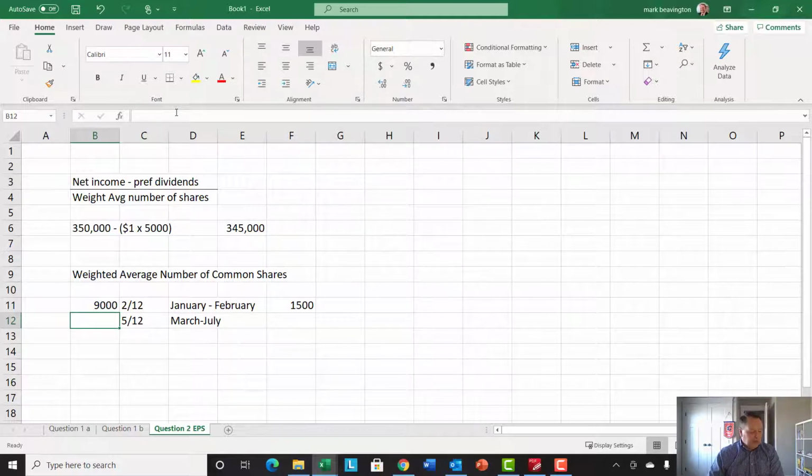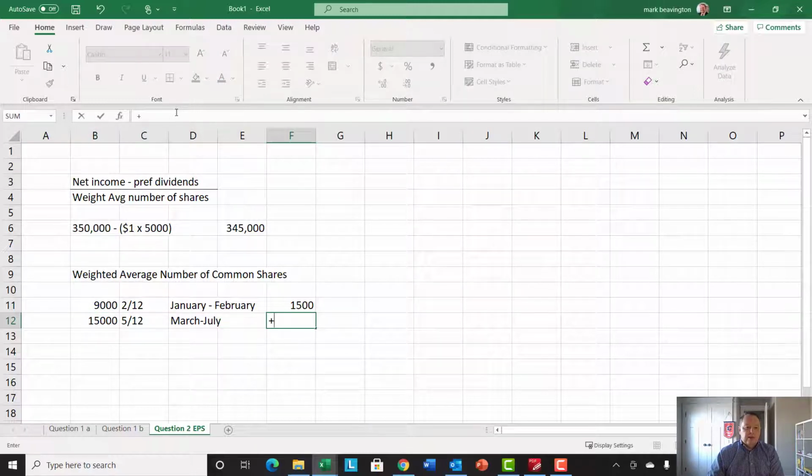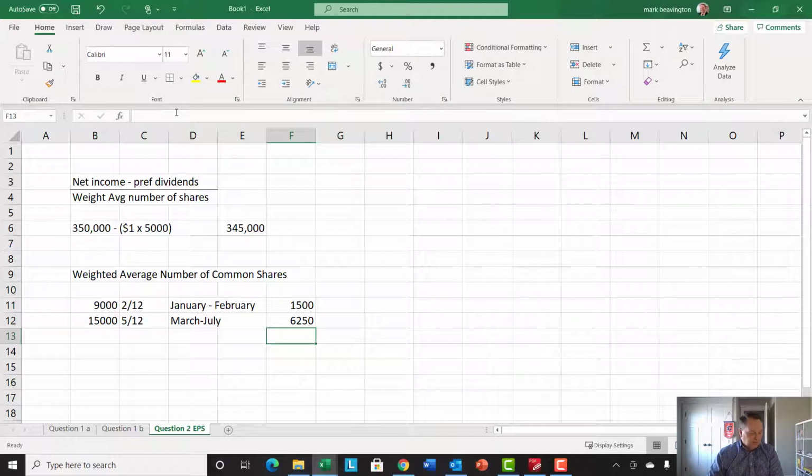So we started with 9,000 and we issued 6,000 shares on March the 1st. So we should have 15,000 shares. So that equals 15,000 times 5 divided by 12. Should be 6,250.